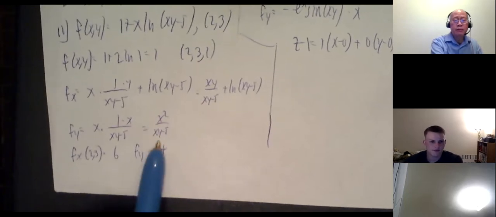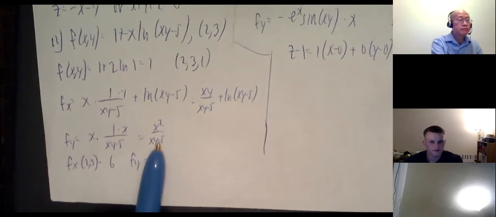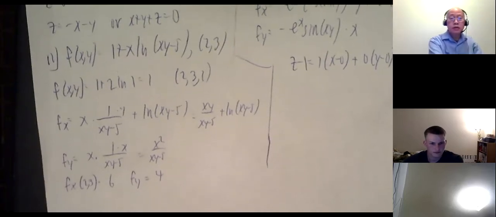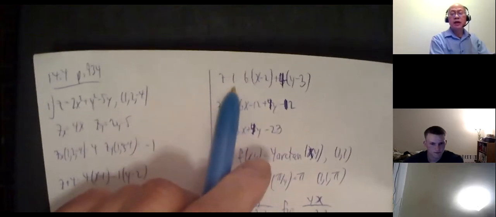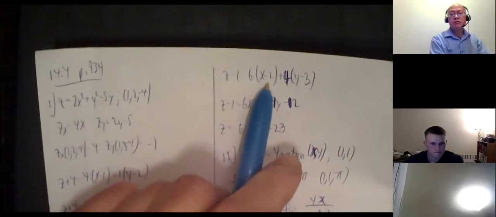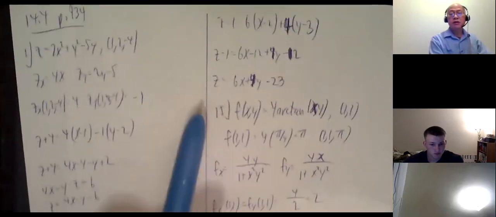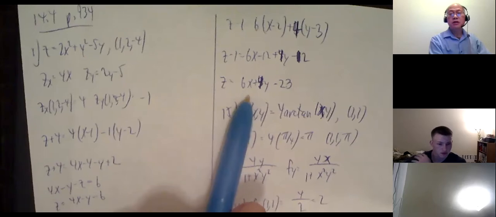That's going to be 4 divided by 1, which is 4. So that's basically it. Now just plug everything in. z minus z0, z minus 1, is fx, x minus x0, 2, plus fy, y minus y0, y minus 3. Clean up the algebra. z equals 6x plus 4y minus 23.